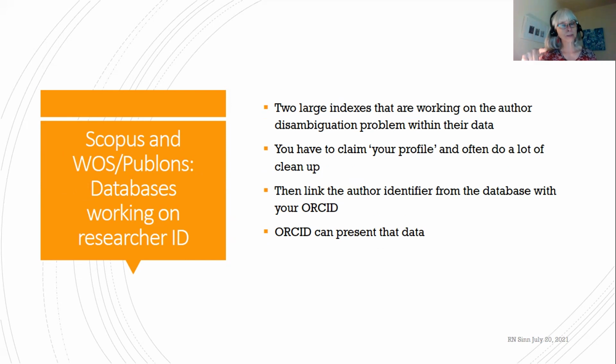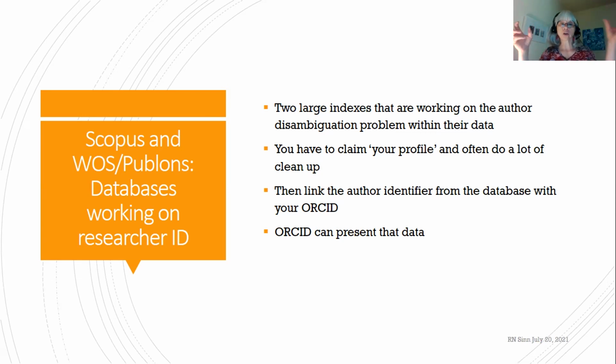One is Scopus and one is Web of Science, or WOS. They are two very large indexes that do all the citation tracking and generation of metrics based on your publications. So they are also working on that whole author disambiguation problem. Is this John Smith the same John Smith as that John Smith? And what about Judy Brown, and how many Judy Browns? And they're trying to separate them all so that they're all accurate.